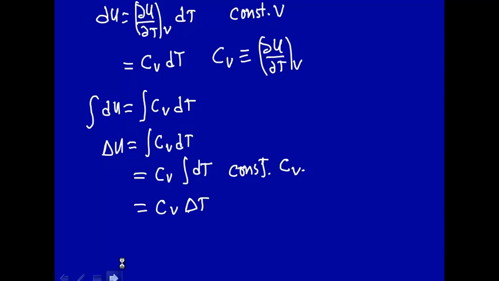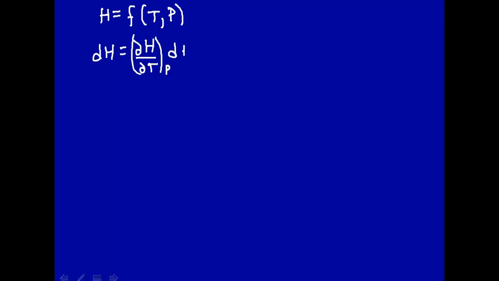All right. Let's do the same thing for enthalpy. So I'm going to make the assertion that enthalpy is a function of two variables. It's temperature and, not volume, but pressure. If that's the case, the total differential of H is how H changes with temperature at constant second variable pressure times dT, plus how H changes with second variable P at constant first variable temperature times dP.